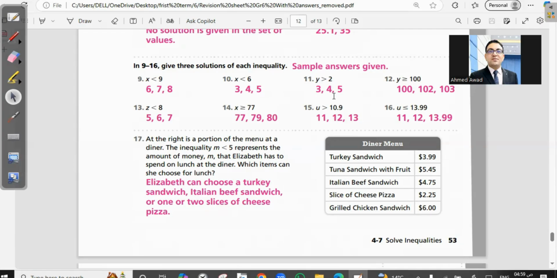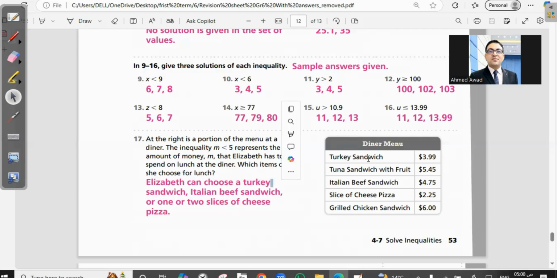Now, in number 17, he said at the right is a portion of the menu at a diner. So the inequality m less than 5 represents the amount of money that Elizabeth has to spend on lunch at a diner. So which item can she choose? Guys, be careful here. It's m less than 5.